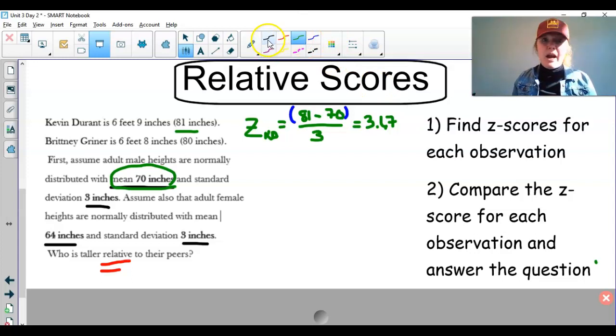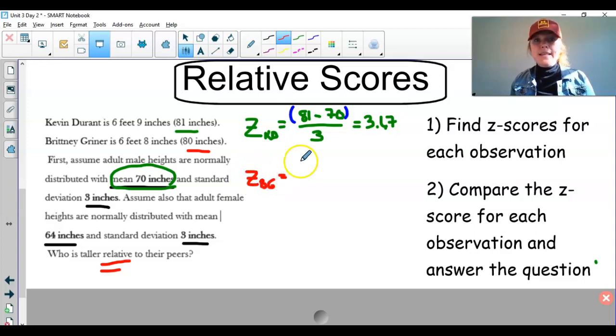Let's talk about Brittany Griner now. Brittany Griner is 80 inches. That's her observation. So I'm going to say Z for Brittany Griner is 80 inches. Yes, she is shorter than Kevin Durant, but let's see how she compares to the population of other females.